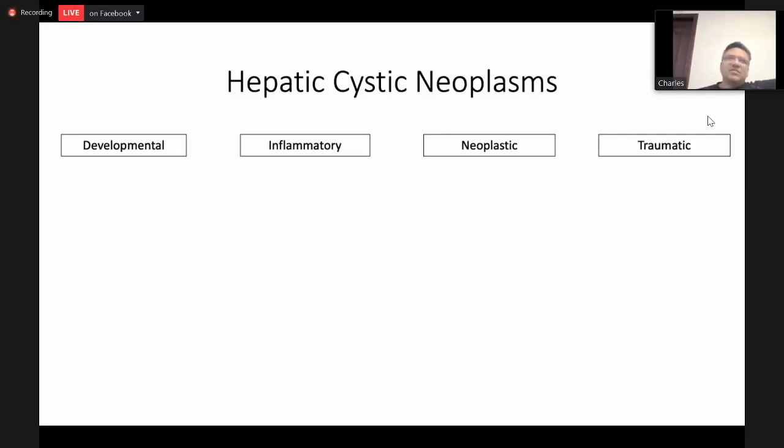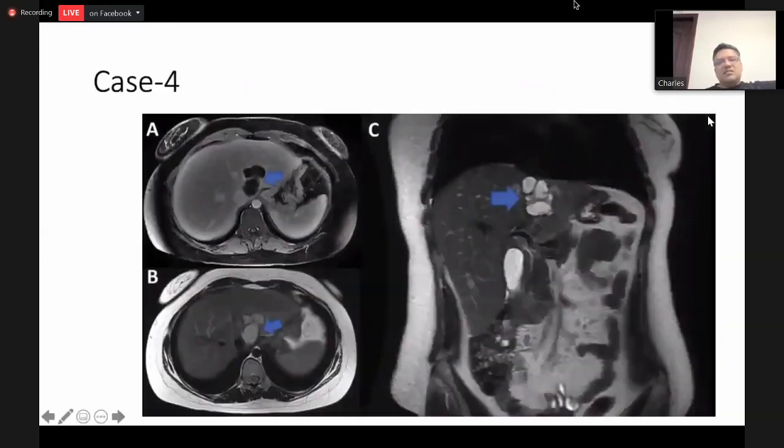Or you can easily classify it as a simple cyst or a complex cyst. Simple cysts are anechoic, well-defined, thin-walled cysts with no septations, whereas complex cysts are cysts with thick walls, thick septations, intramural nodules, and multiseptate cysts. Complex cysts may be inflammatory or neoplastic. So what you are seeing here is a complex cyst.